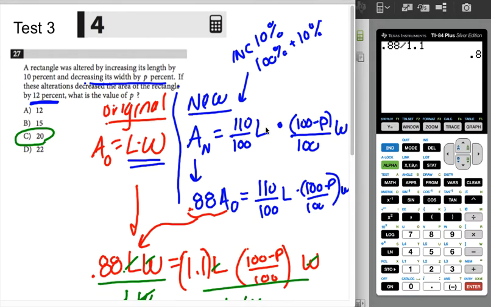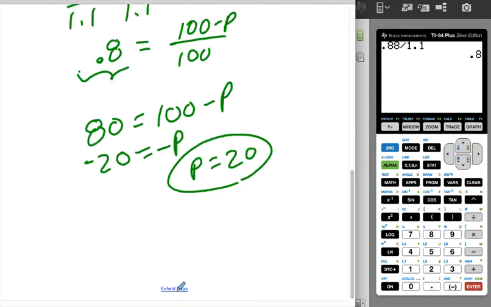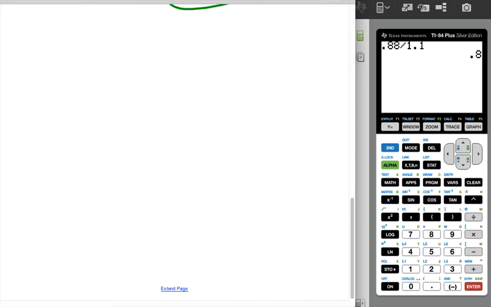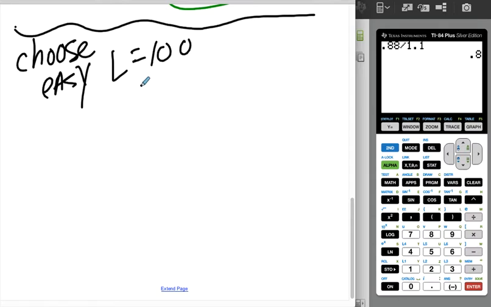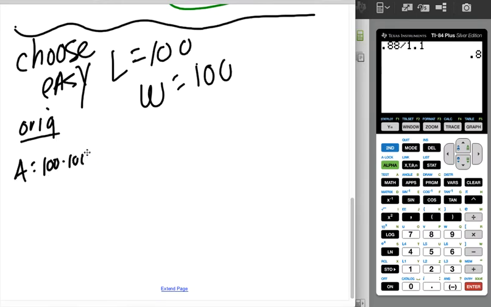So another way, if you're really hating this idea of using such abstract quantities, is you could just choose an easy length, which I'm going to pick 100 because that's super easy, and I'm going to choose an easy width, which I'm also going to call 100. So that would mean that the original area would be 100 times 100, or a 1 with 4 zeros. So that would be the original area, okay?